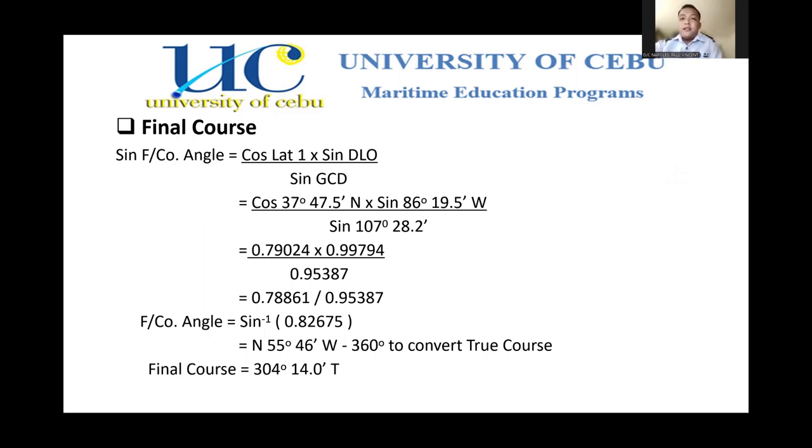The answer of 0.78861 divided by 0.95387 is equal to 0.82675. As the rule said, we must be in degrees if we find the GCD or the great circle distance.